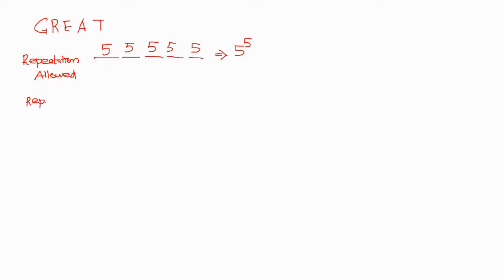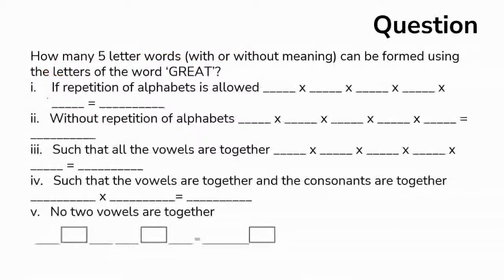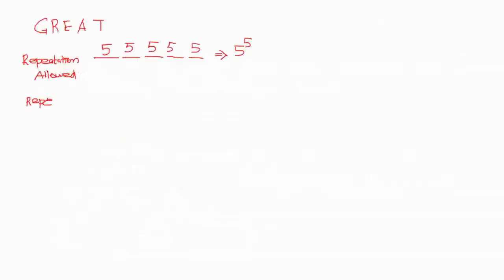And the next case is the second question, without repetition of alphabets. So in the second case repetition is not allowed. Once again, I need to form a five-letter word. So in the first place, five possible alphabets.